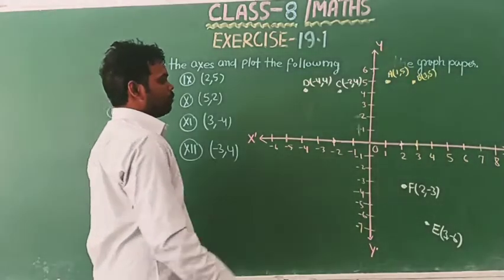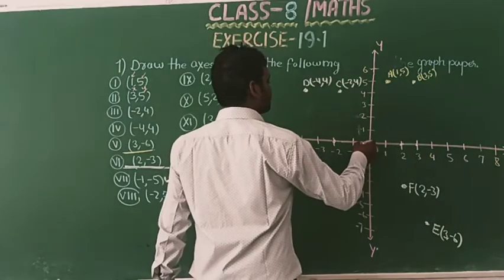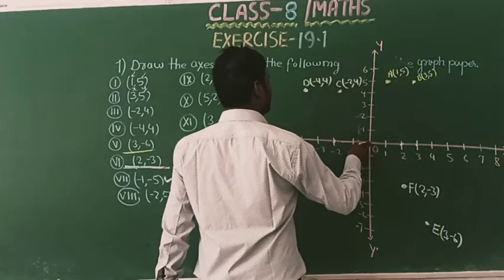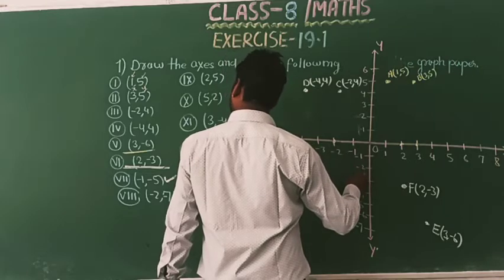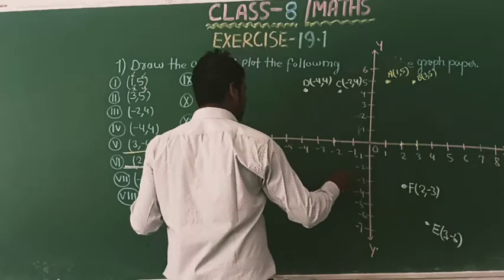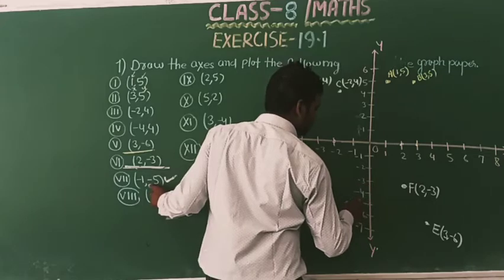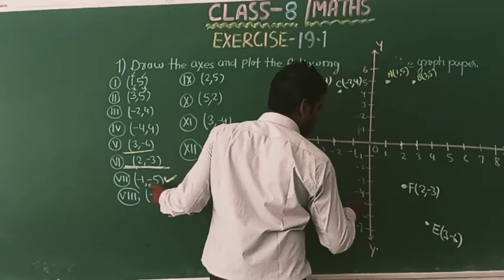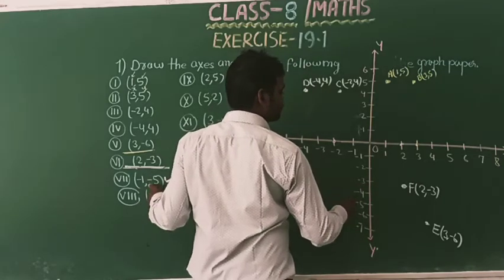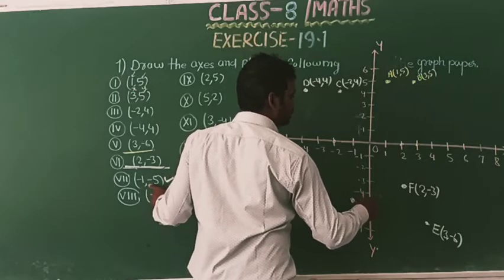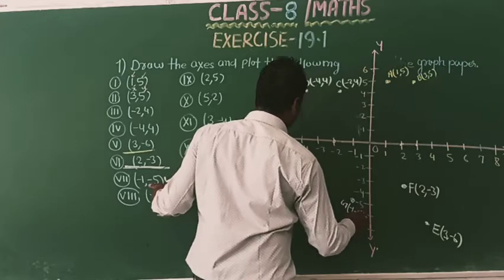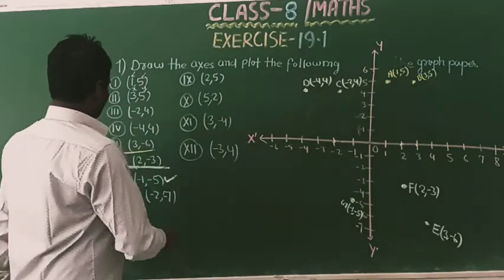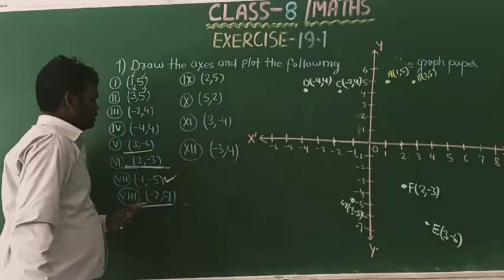So starting from O, move left 1 unit and then move -5 units along the y axis. So this gives the point G, and its coordinates are (-1, -5). Okay.